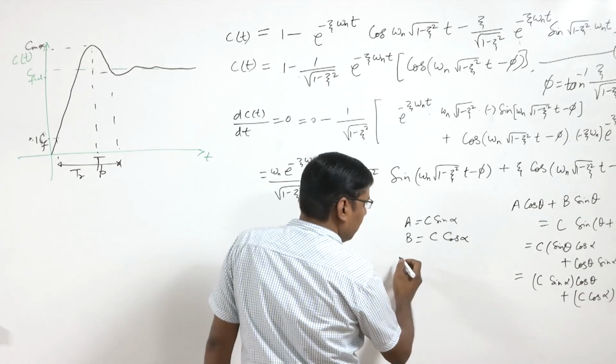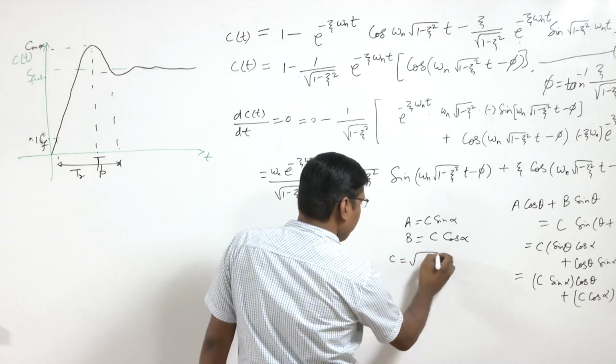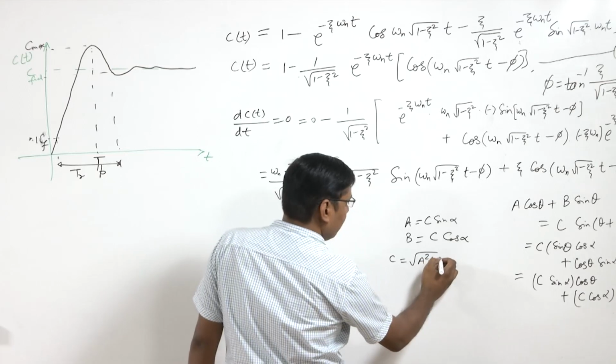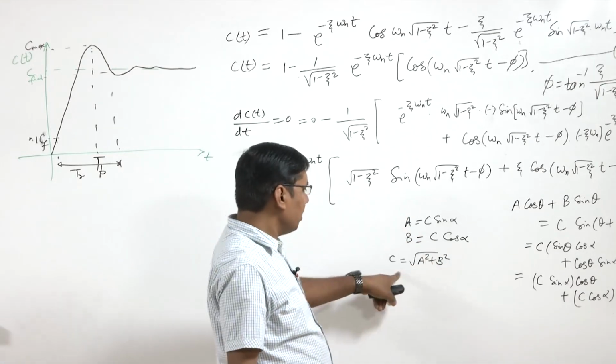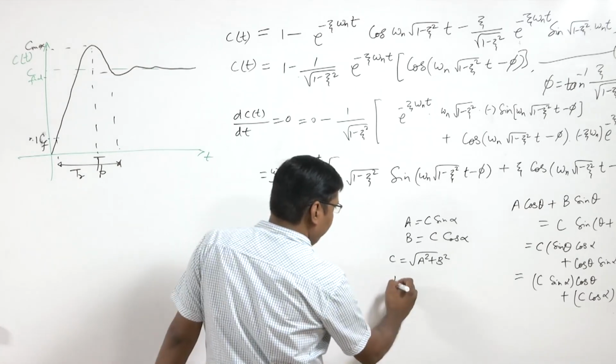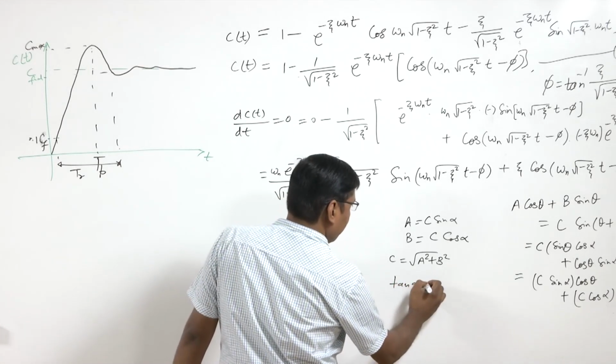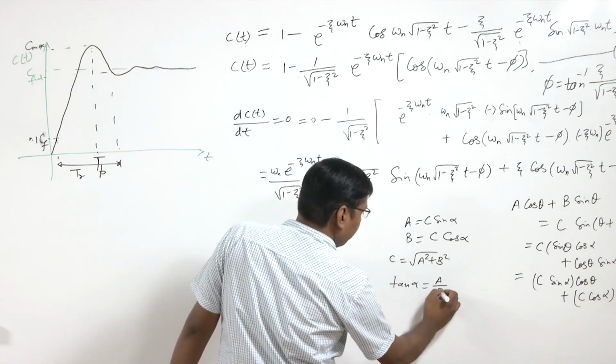So c equal to root a square plus b square, because a square plus b square equal to c square, and tan alpha equal to a upon b.